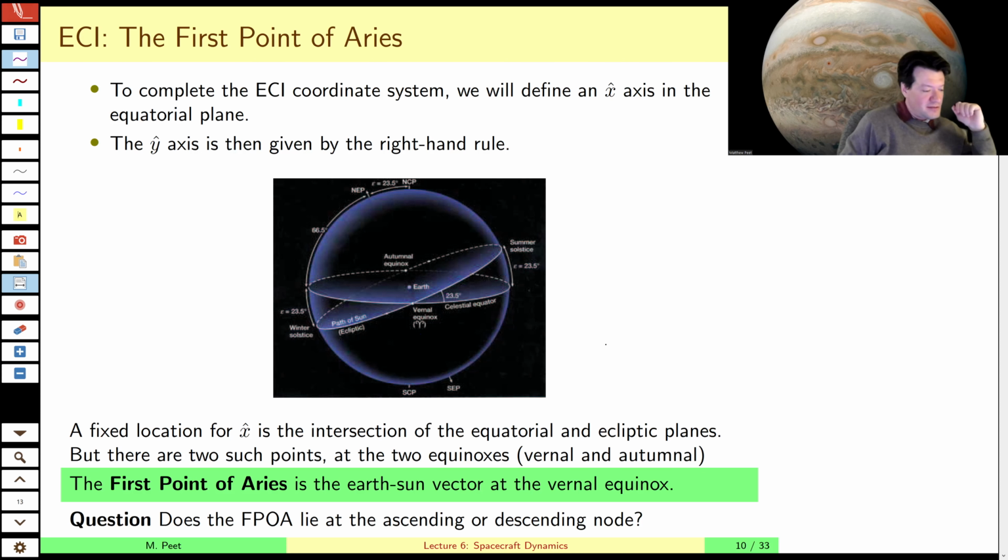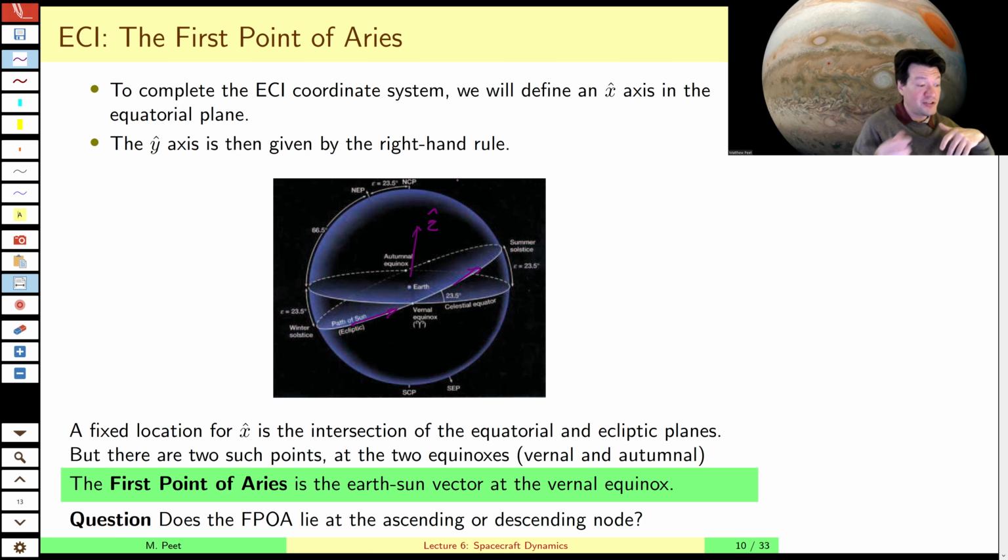So, as I said, the apparent path of the sun through the zodiac goes from below the equatorial plane in winter to above the equatorial plane in summer. And remember, two orbital planes. We're going to define our z-hat axis to be the due north, north pole if you want, or the North Star, if you think that's fixed in space.